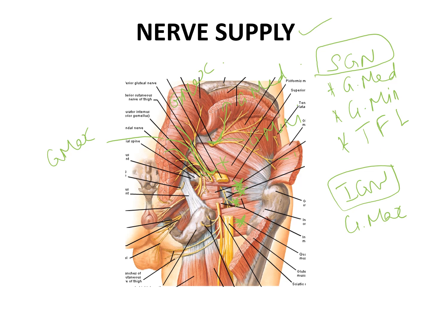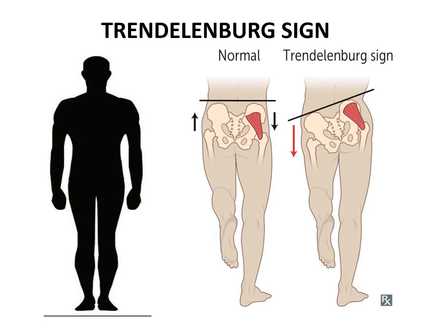So, this was the nerve supply of the muscles. Not to forget, inferior gluteal nerve supplies the gluteus maximus, whereas medius, minimus and tensor fascia lata will be supplied by superior gluteal nerve. Now, a very important topic which is frequently discussed, that is the Trendelenburg sign.